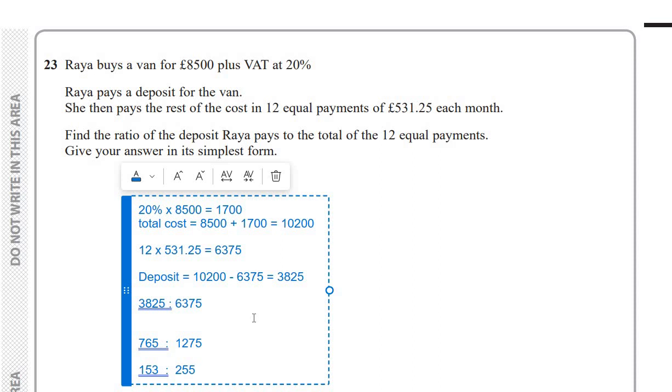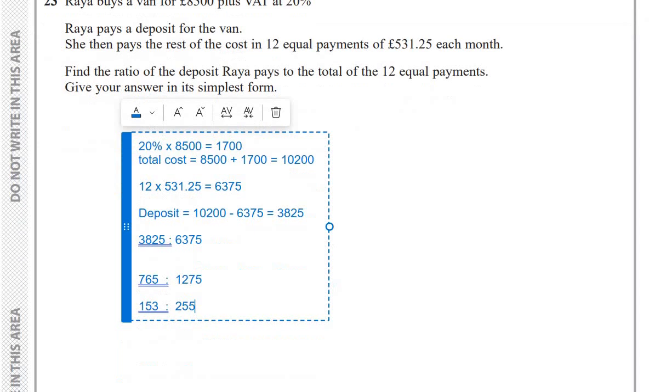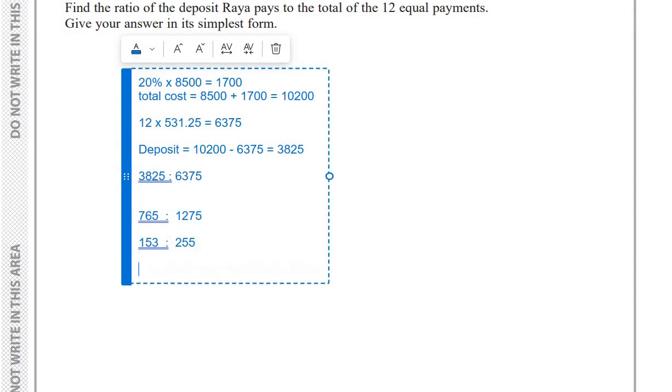And then we could divide by 3. And that gives us 51 to 85.